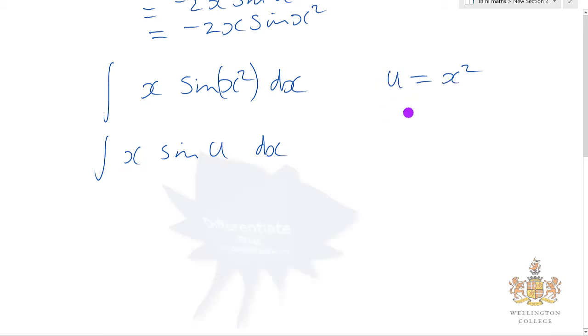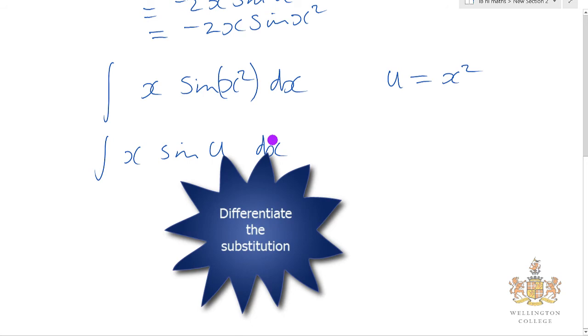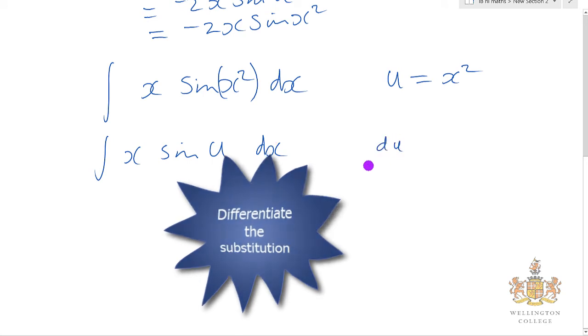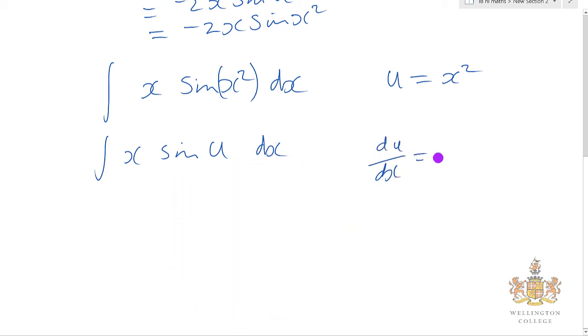So let's differentiate this, because we need to do something about this dx. We've got du by dx will equal 2x. So effectively, if we divide both sides by 2, we've got a half du by dx equals x. So we can replace that x with a half du by dx.